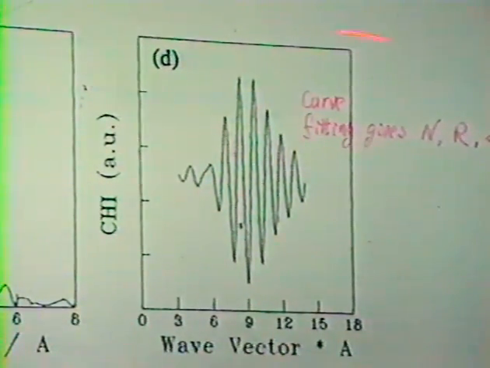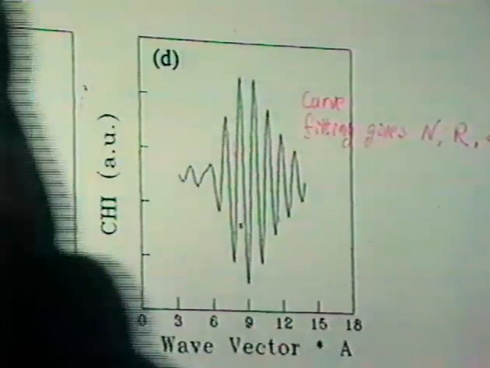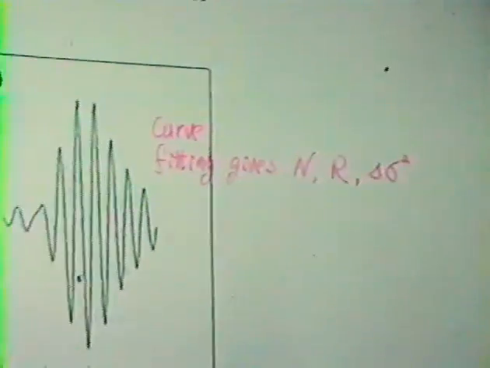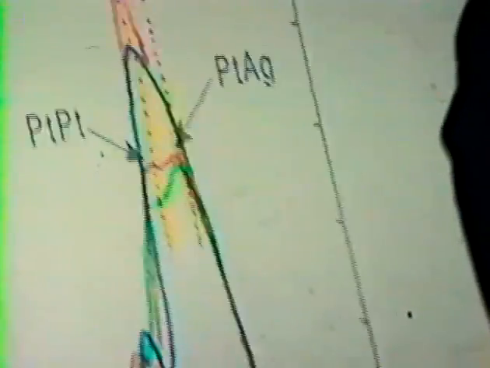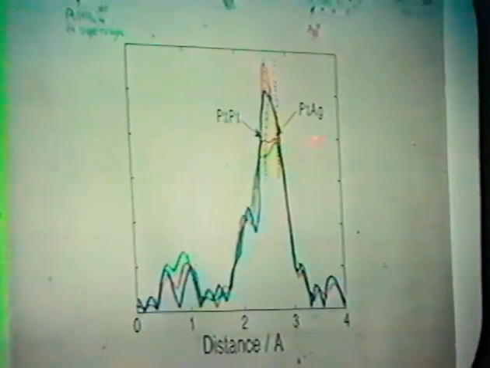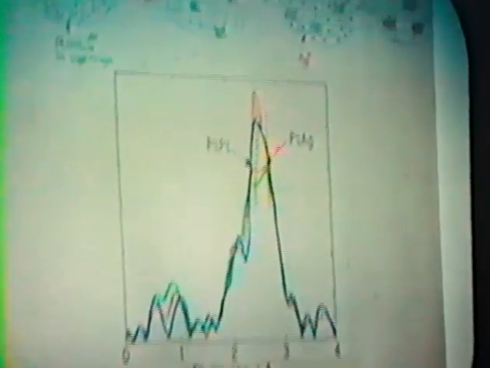Then we did curve fitting to obtain the metal-metal distance and metal-metal coordination number. But even without this, we can see that when we added silver onto platinum, we see the silver-platinum coordination.